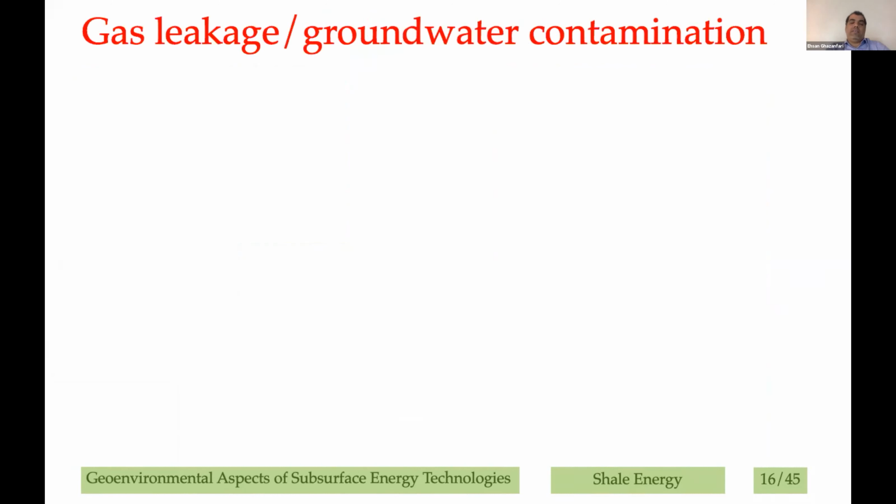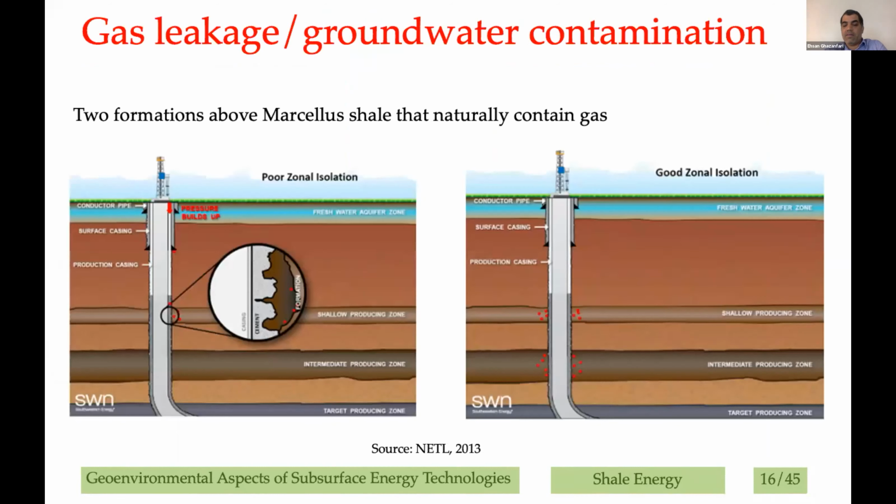Another area of concern with the shale is the gas leakage and groundwater contamination. So in Marcellus in particular, there are two formations above Marcellus. And so the vertical portion of the well basically penetrates through those two shale formations.